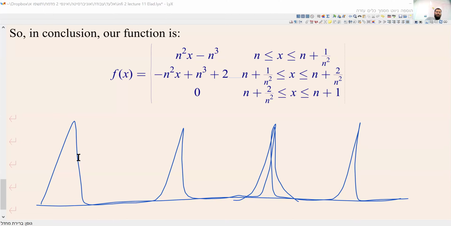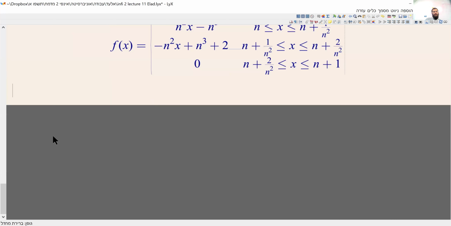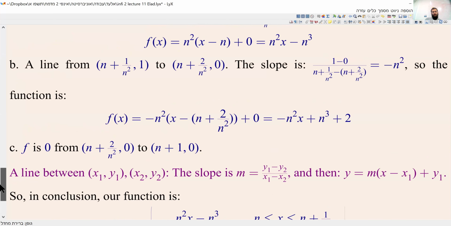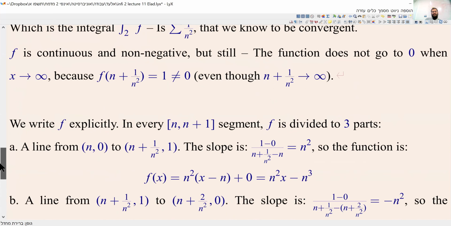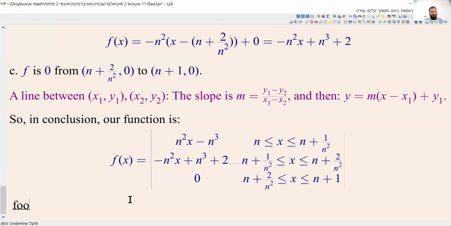So now, following question. For example, let's say I want to check if f must be bounded.